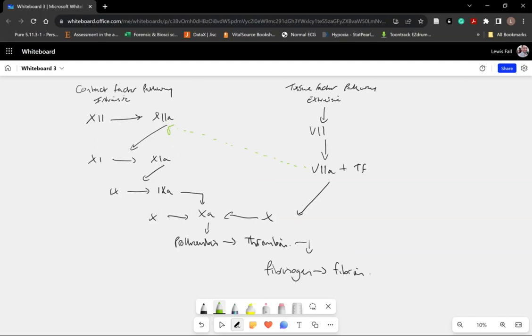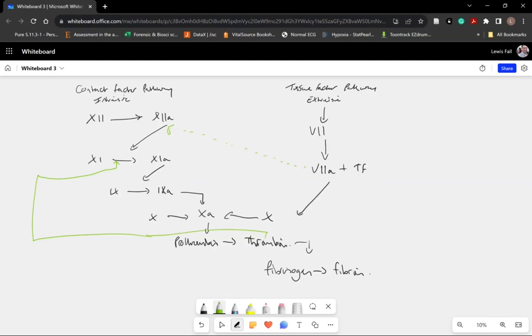So I'm going to do that for a little bit of crosstalk there. Now, what else happens is that thrombin goes ahead and does a couple of things. So it'll come up to the line over here, like this, and then I'll say what thrombin does is it also activates factor 11.